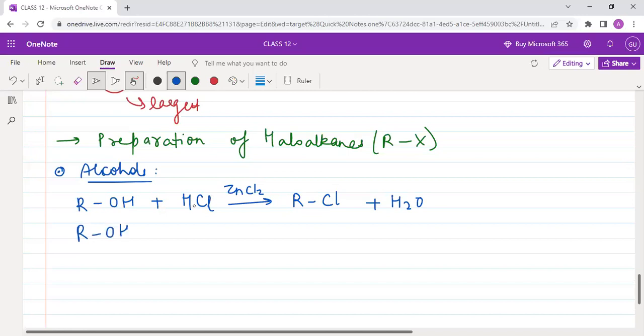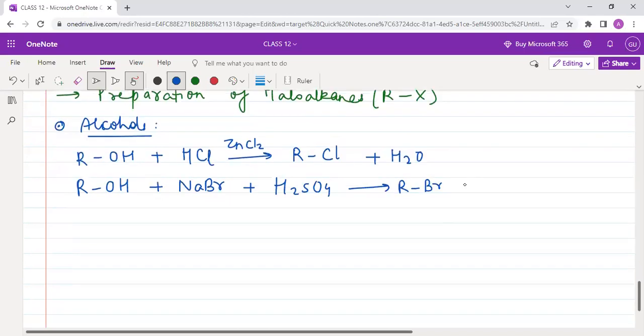So first reagent is HCl and ZnCl2. Next, we can take NaBr and H2SO4. In this, OH will be replaced by Br. So it will form RBr, and the byproducts will be NaHSO4 plus H2O.